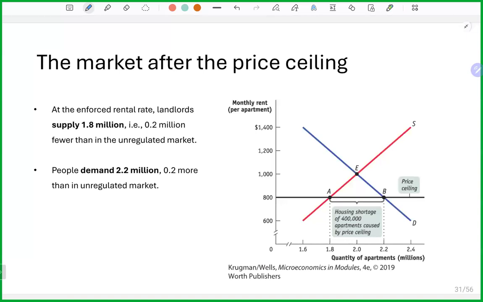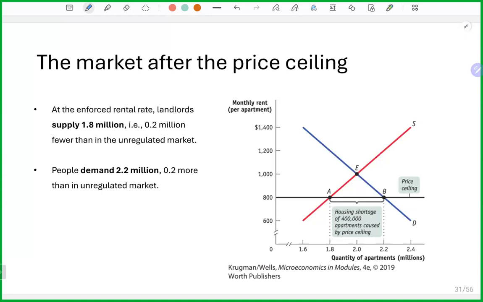The market divides the buyers group and non-buyers group according to willingness to pay, according to valuation. Price control allocates rental housing according to what? According to luck.